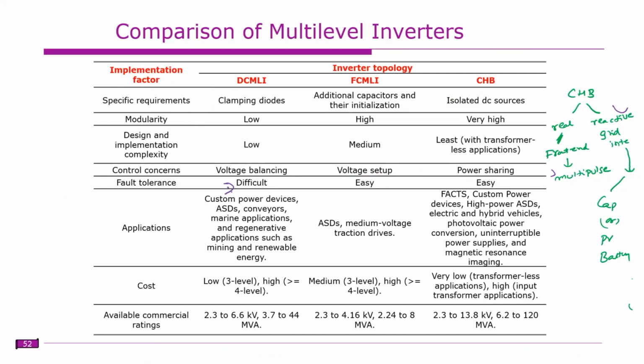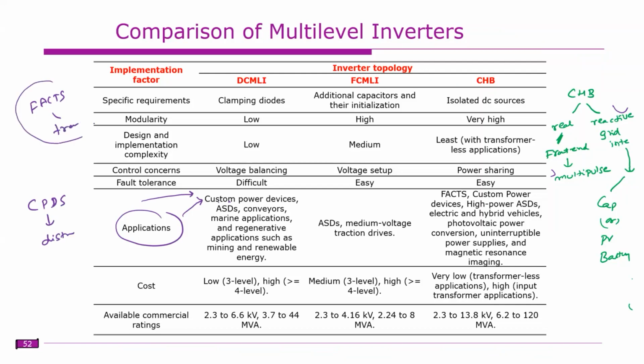So next we have applications. In case of diode clamp, this is suitable for custom power devices, known as CPDs. If you are aware, FACTS is for transmission lines and CPDs is for distribution systems.